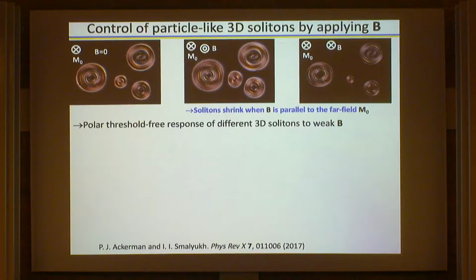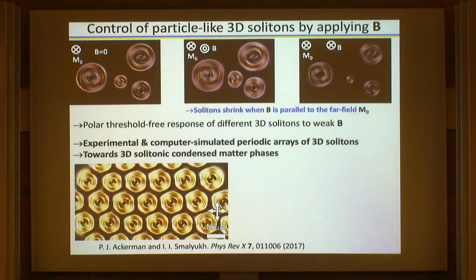Because of that, you either promote the uniform background with lower energy, or vice versa, that region with somehow distorted field configuration would expand, depending on whether you apply the field in a parallel or anti-parallel fashion.